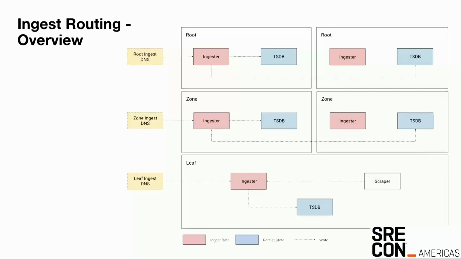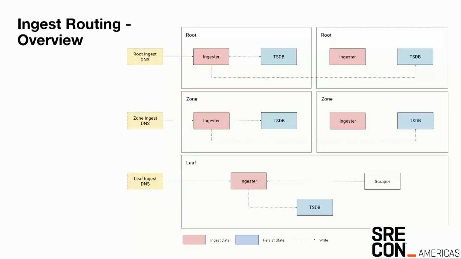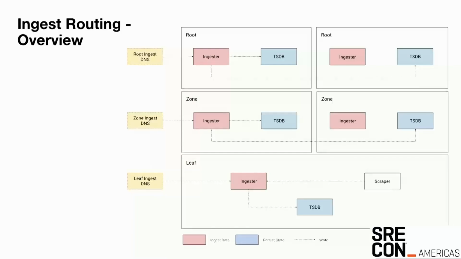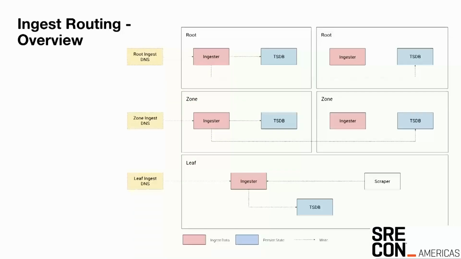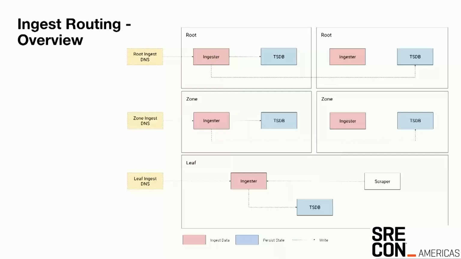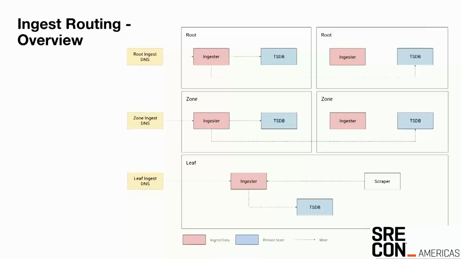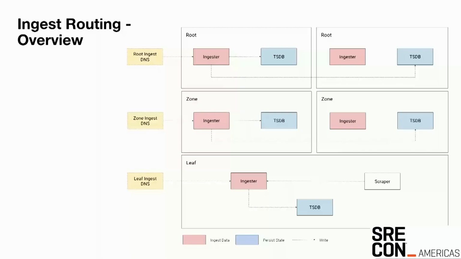Another example, for the root, is something collecting business level metrics that would naturally align itself and store itself in the root. And in all cases when ingestion happens, there's always more than one replica that gets written to.